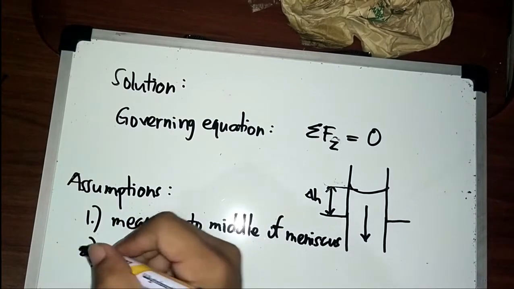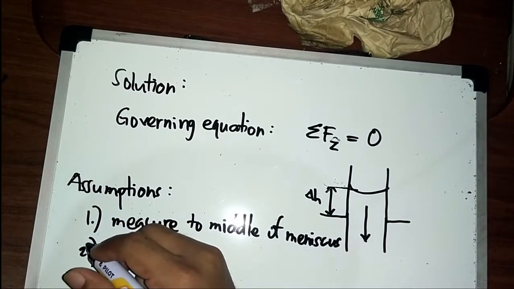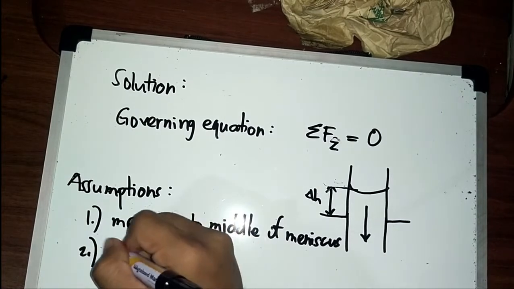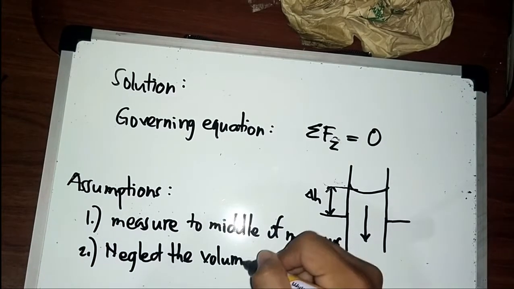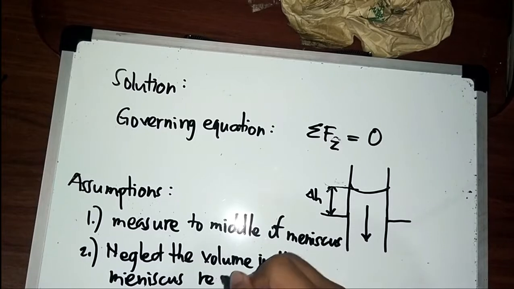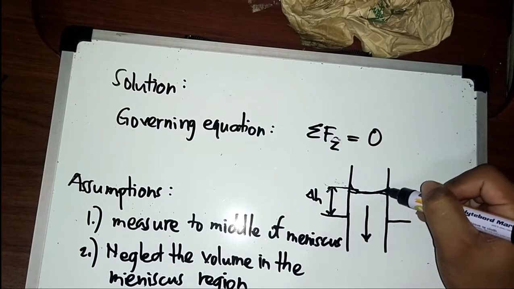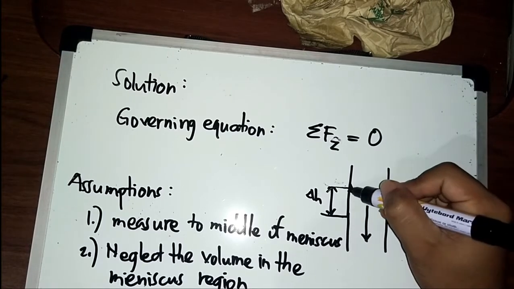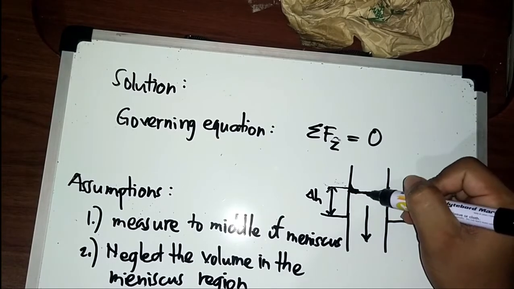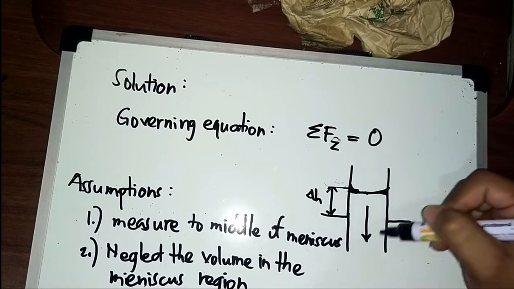And number 2, neglect the volume in the meniscus region. So this is the volume of the meniscus region, and we will neglect this. We will just measure at the center.